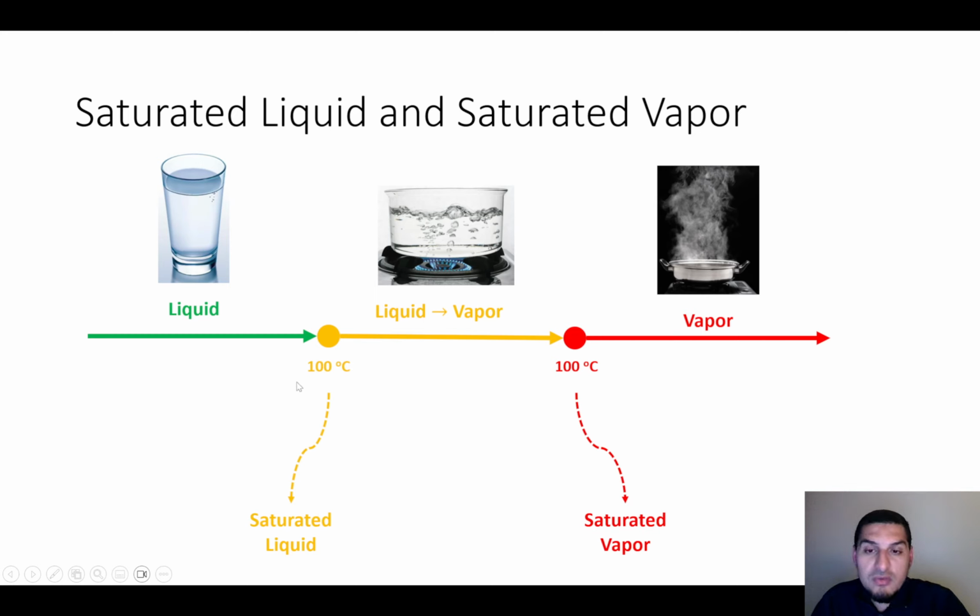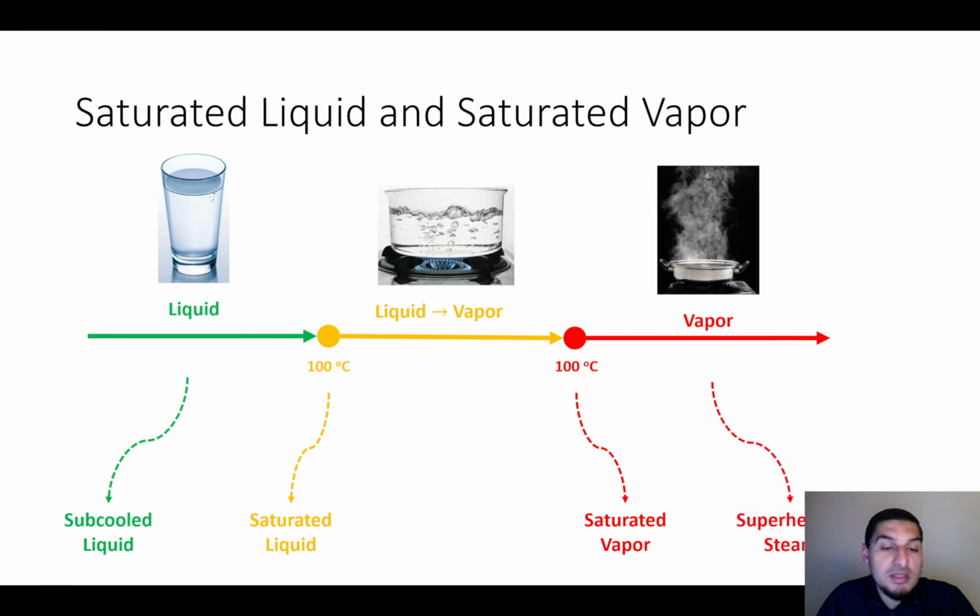The liquid that has temperature below the saturation temperature, which is 100 degrees Celsius, or the liquid that is at temperature less than the temperature of the saturated liquid, is called subcooled liquid. The vapor that has temperature higher than the temperature of saturated vapor is called superheated steam.